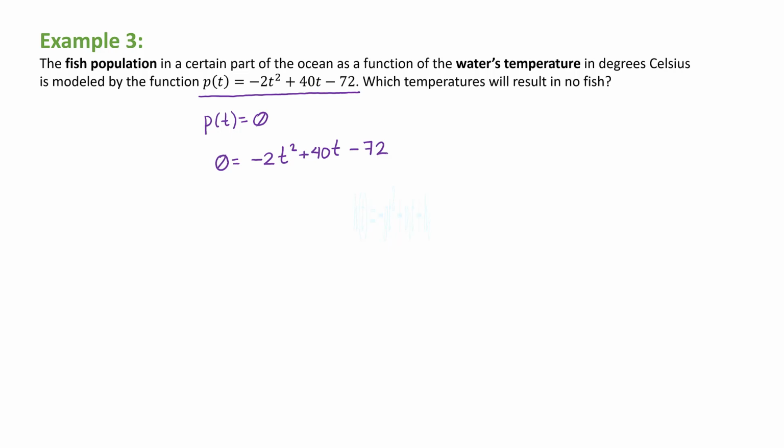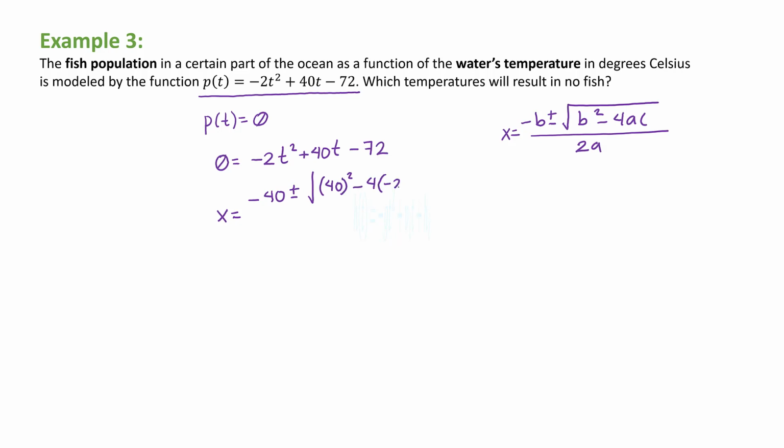What do we do to answer? We use the general equation. We substitute the values. X equals minus b, which is minus 40, plus minus the square root of b, 40, squared minus 4 times a, minus 2, times c, minus 72. All of that over 2 times a, which is minus 2.